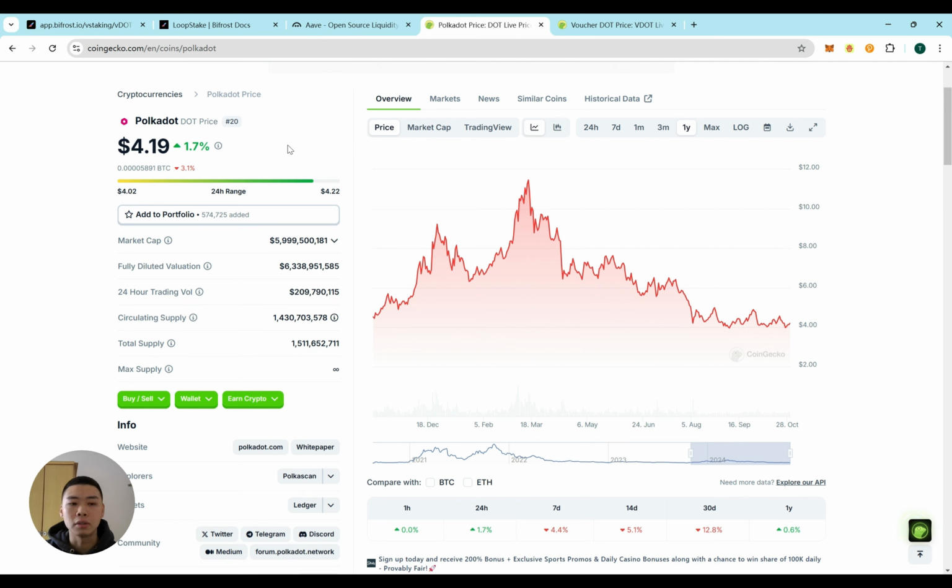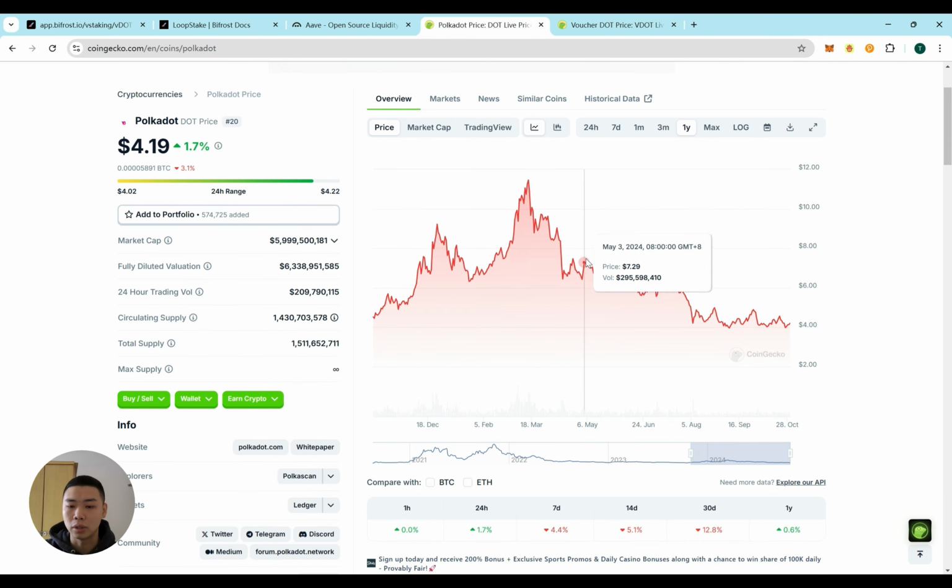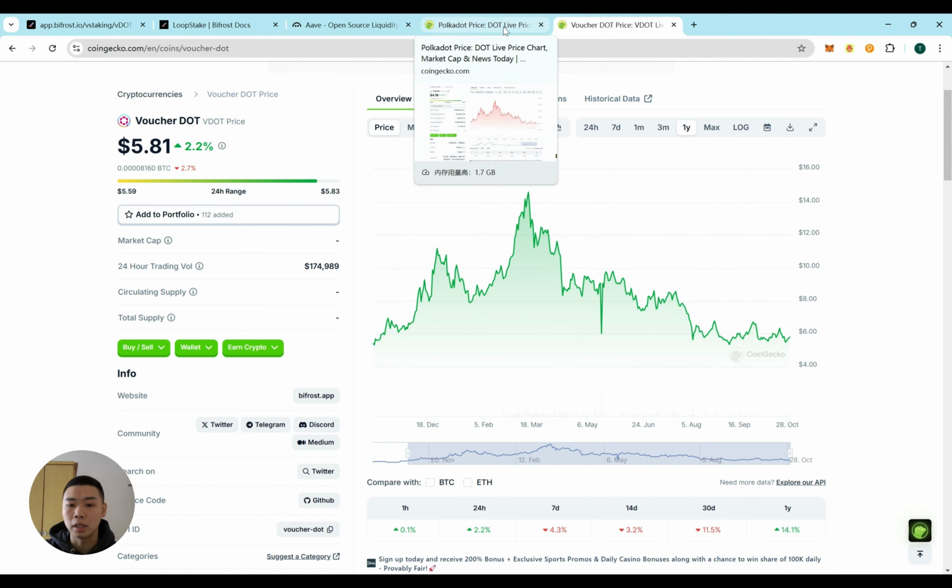With one falling, the other falls as well. So that is the case between DOT and vDOT. If we check the trend between these two tokens, we can see the curve and the trend are mostly the same, right? So that's two relative tokens.